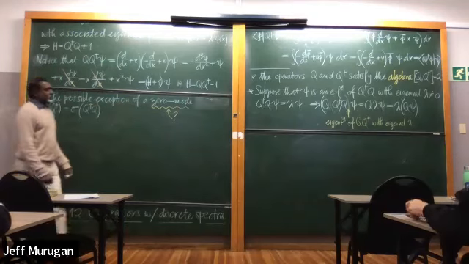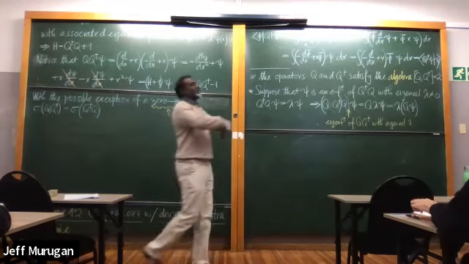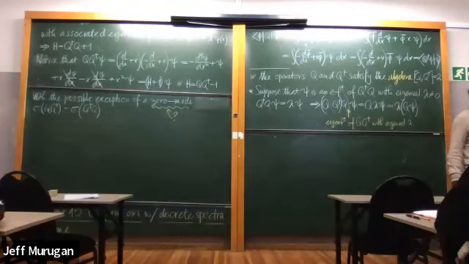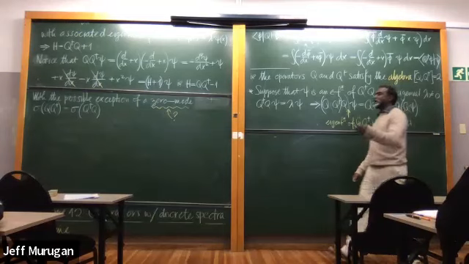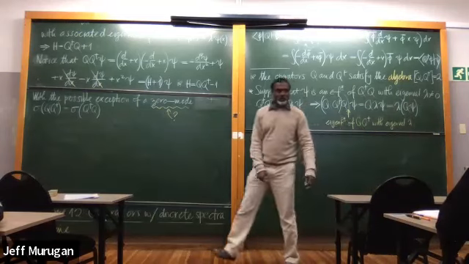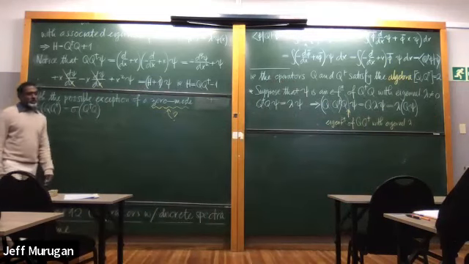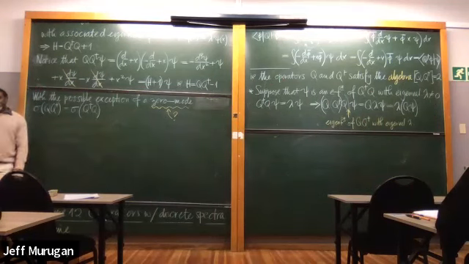In fact, if I asked you to guess some non-trivial function, so 0 is obviously a trivial function, some non-trivial function that when you act with Q would give you a 0 eigenvalue, without doing any analysis, you just make a guess. What would you guess?